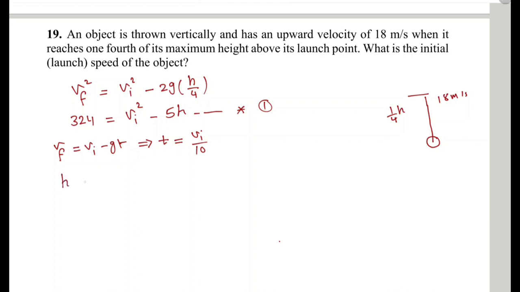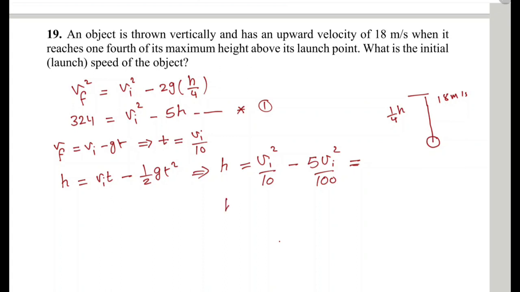Now the maximum height equal to v initial t minus half gt square, or h equal to v initial square divided by 10 minus 5 v initial square divided by 100. In other words, h equal to v initial square over 20.